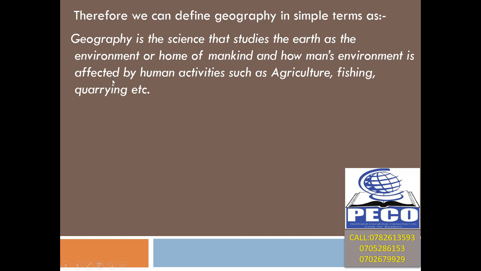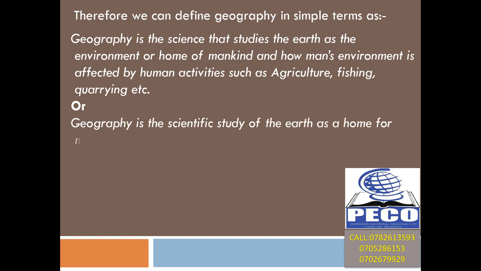So the simple definition which I want you to note down is that geography is the science that studies the earth as the environment or the home of mankind, and how man's environment is affected by human activities such as agriculture, fishing, quarrying, and others. Or we can simply define geography as the scientific study of the earth as a home for mankind.